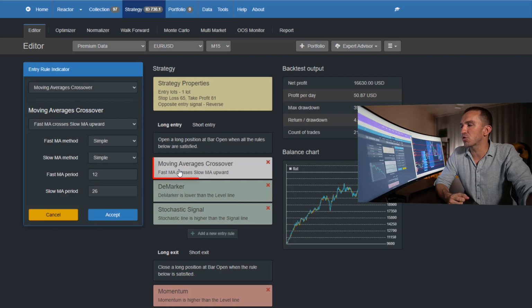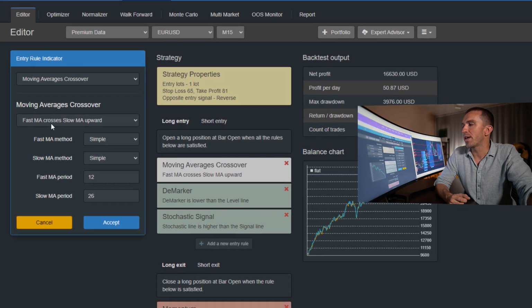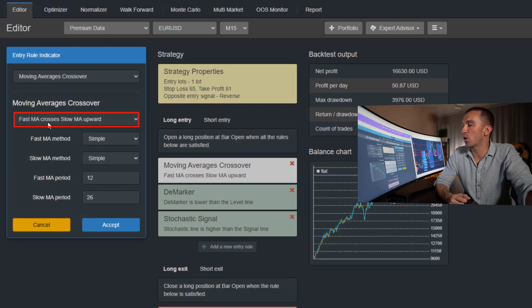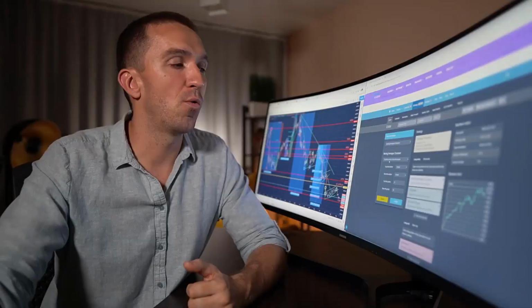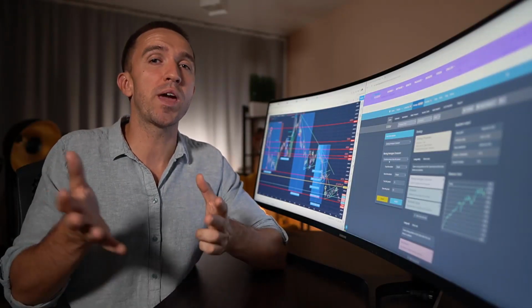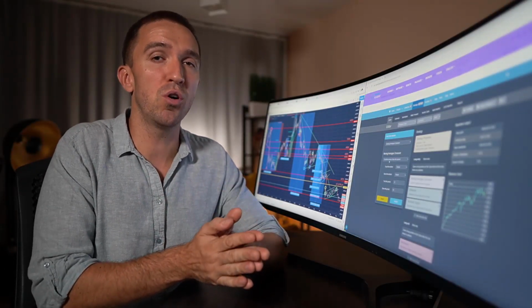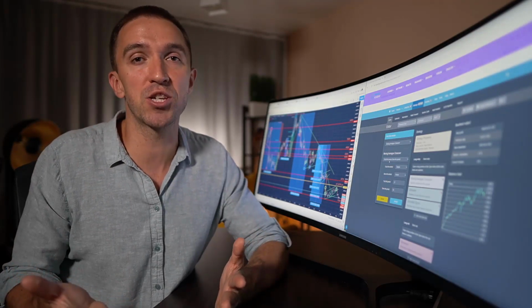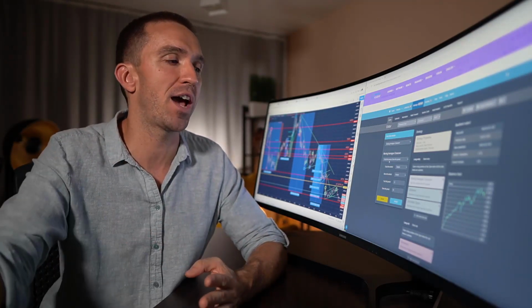Now, the moving average crossover works with a fast MA 12 and a slow MA 26. We have the fast MA crossing the slow MA upwards, which is the most popular way to use the moving average crossover because the fast moving average reacts quicker to price changes.